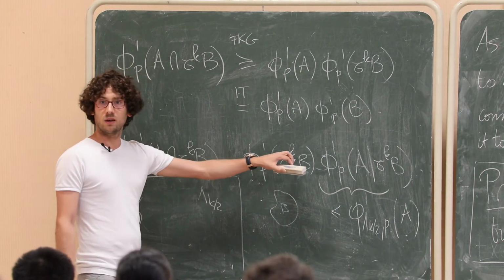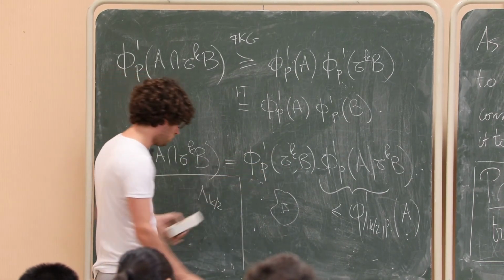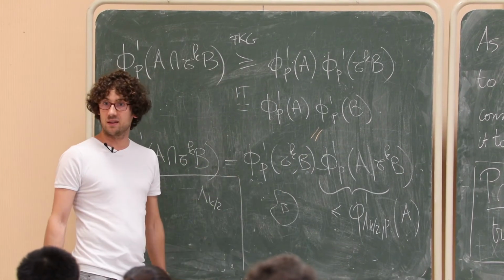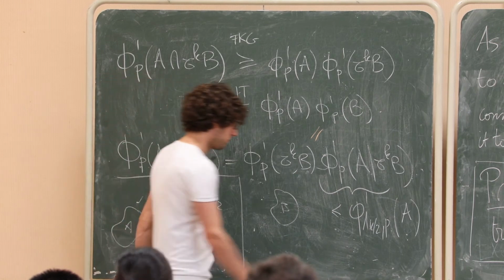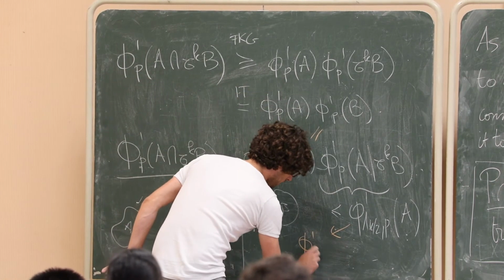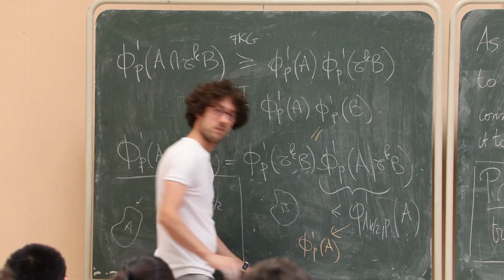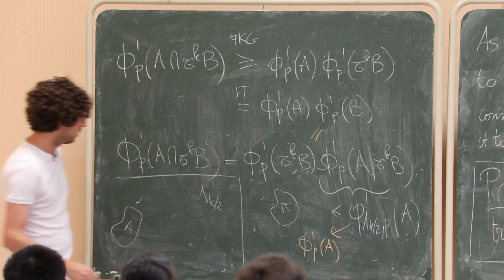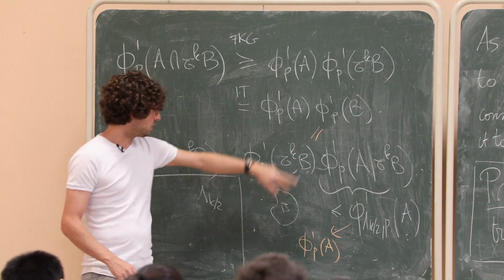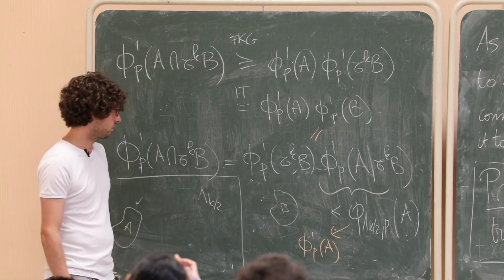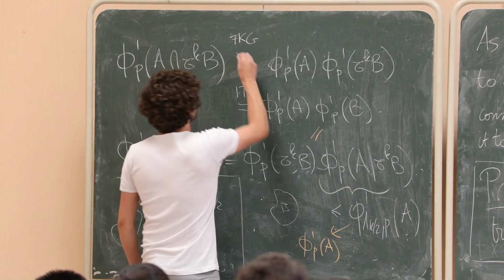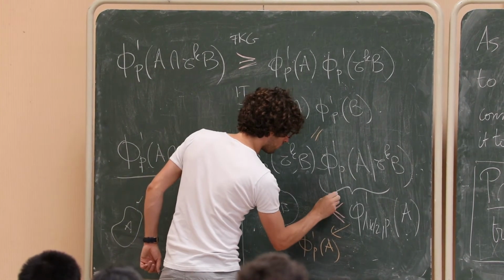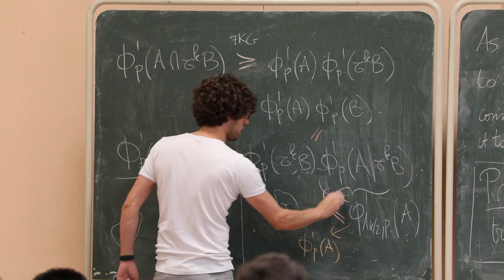Okay, this thing converges, this thing is equal again to this, and this thing as k tends to infinity converges to phi 1p of A. So again, this thing is smaller or equal to phi 1p of A times phi 1p of B. Notice that it's really going by two inequalities, since here we have the comparison between boundary conditions happening.